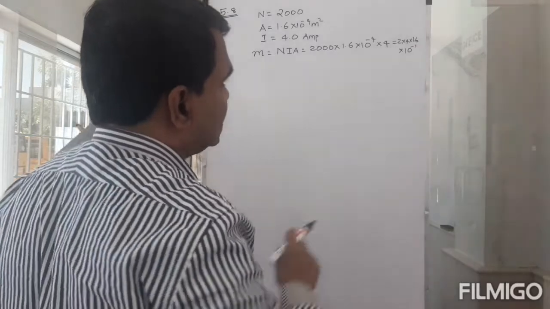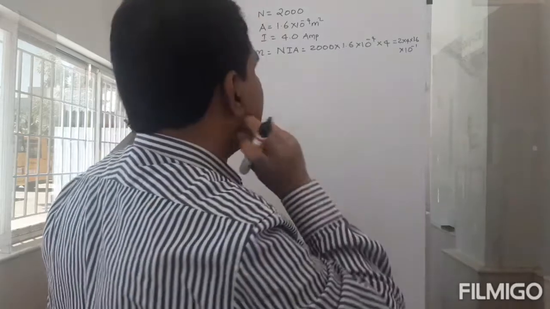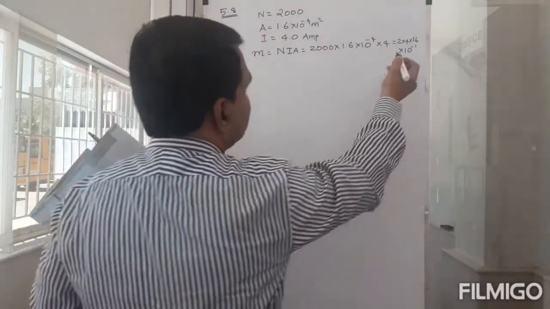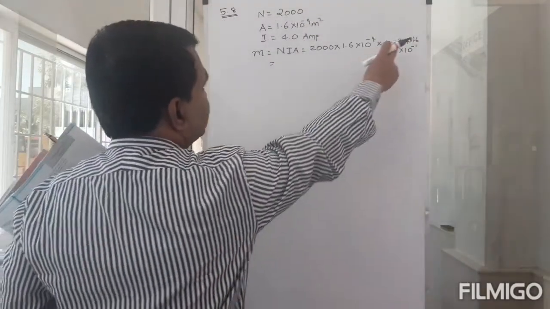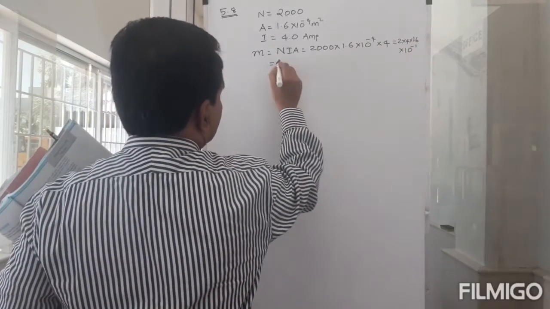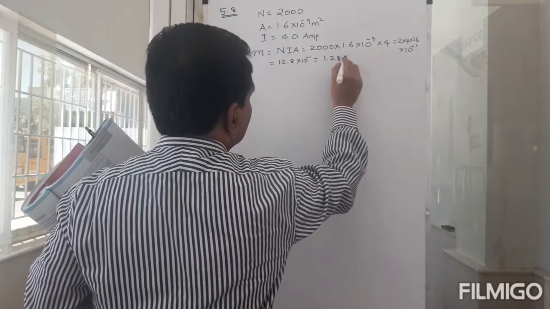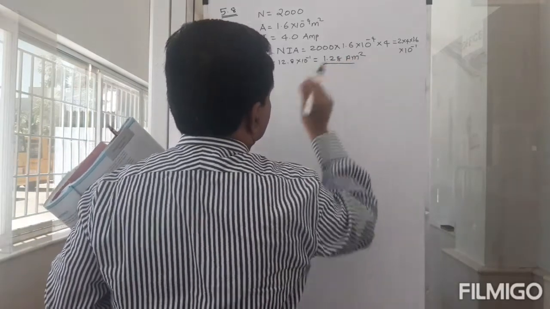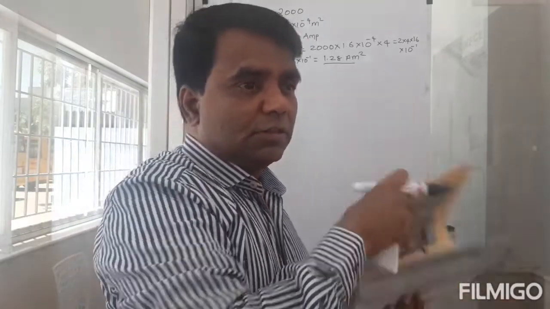So 4 into 1.6 would be 6.4, and then twice that would be 12.8. So this is going to be equal to 12.8 into 10 power minus 1, that is equal to 1.28 ampere meter square. So that's the first part of the problem. We have found the magnetic moment of this solenoid, which has 2000 closely wound turns.